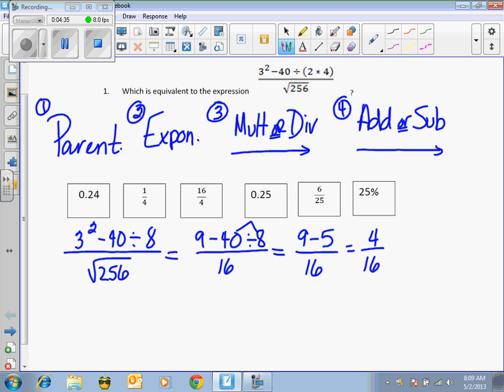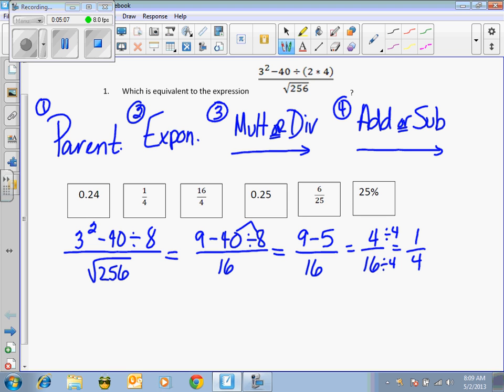Now that I have this fraction, I can reduce it, and 4 goes into 4 once. 4 divided by 4 is 1. 16 divided by 4, that's 4. And when I look up at the answer choices that they give me, it looks as though I also need to know how to change a fraction into not only a decimal, but also into a percent.